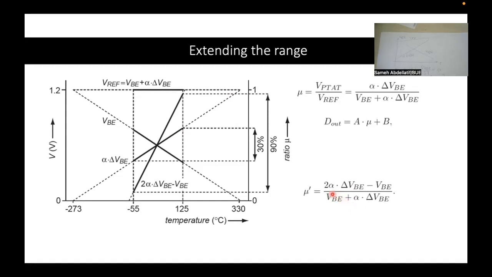But what you did simply is that you doubled the VPTAT. You amplify the VPTAT by a factor of 2. Here, that will be the result. So you now utilize the span, or the dynamic range of mu, from nearly 0 to 1 within your temperature range of interest.